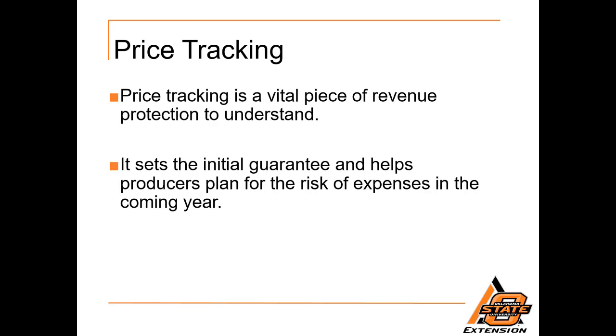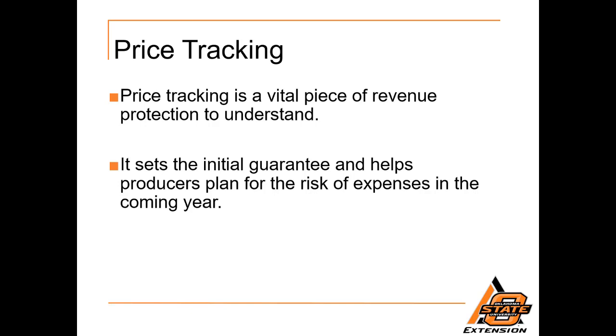So you'll have your approved yield, say it's 30 bushels, and then if the projected price tracking comes in at $5, well, $5 times 30 bushels is going to be $150 worth of revenue total. And then you have to determine what your crop insurance guarantee level is. So if you're at 70%, you would take $150 times 70% to get your guarantee.